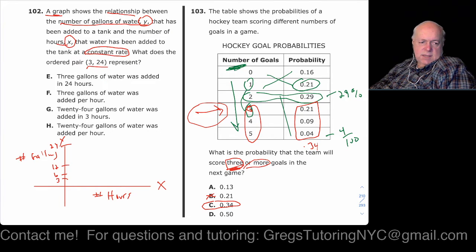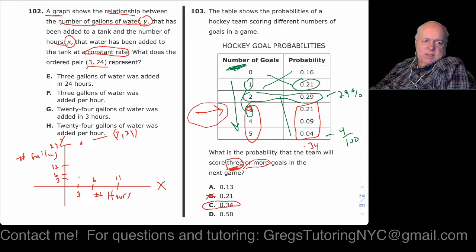So the x-axis worked the same way, where that's about 12, that's about 6, and that's about 3, okay? So 24 is going to be right there, okay? So that's 3, comma 24 as a coordinate geometry, all right?